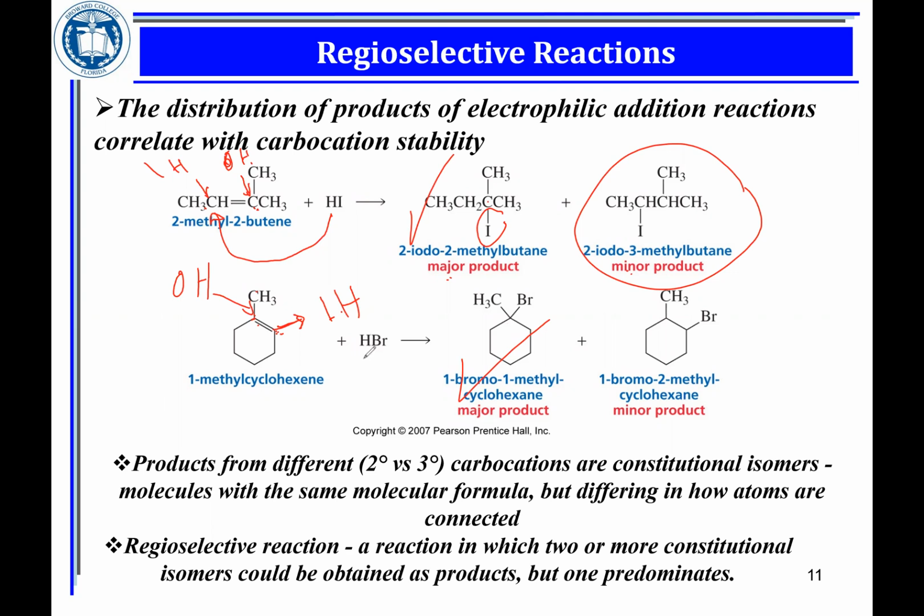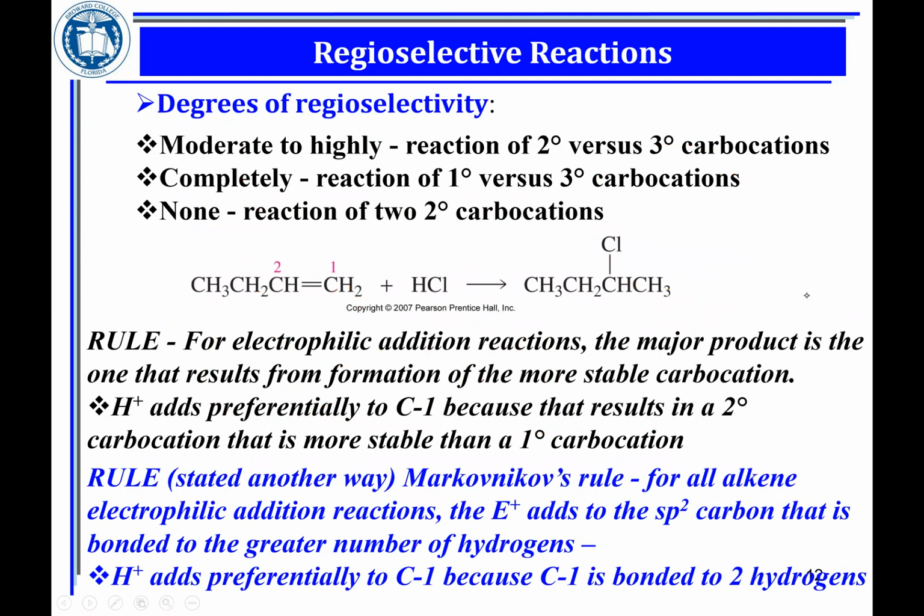The carbon with more hydrogen gains the hydrogen, and the carbon with the least number of hydrogen gains the Br. This pattern for the product is known as the Markovnikov product. In this case, the carbon with the greater number of hydrogen gains 1 more hydrogen.